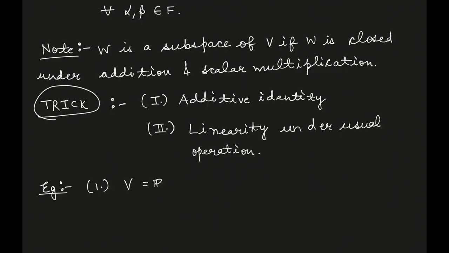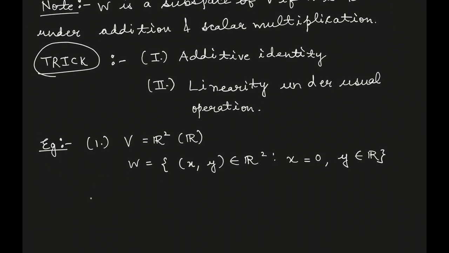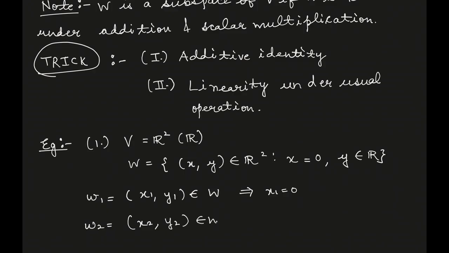The vector space is R square over R. W is (x, y) belonging to R square such that x is equal to 0, y belongs to real numbers. If I apply this theorem, then I will take two elements, W1 as (x1, y1), where x1 will be 0 by definition of W. W2 will be (x2, y2) belonging to W, which implies x2 is 0.